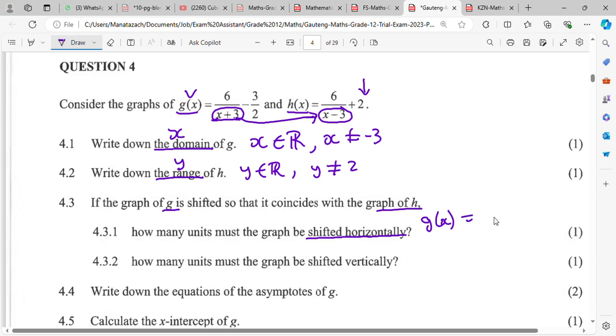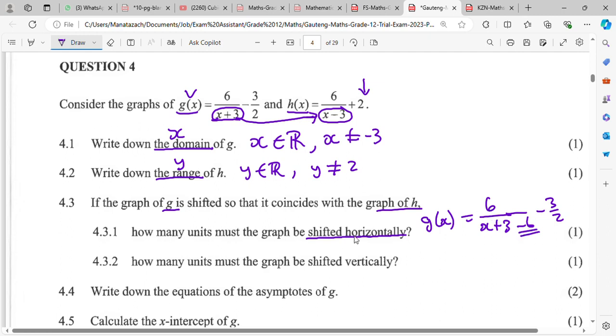That would be g of x is equal to, for it to look exactly like h, you have to subtract a minus 6 next to plus 3. So this would be g of x shifted by how many units? That would be shifted by 6 units.